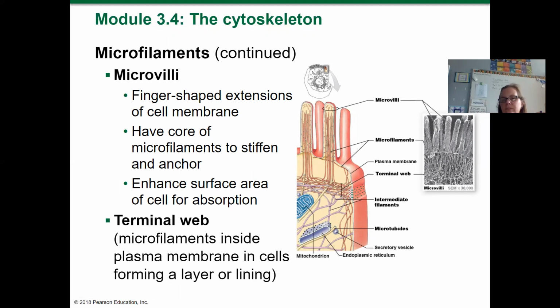So if you have increased surface area, there's more surface area for absorption to occur. So a lot of things like in your intestines might have some microvilli. A terminal web is an example of microfilaments within the plasma membrane in cells, and they form like a layer.